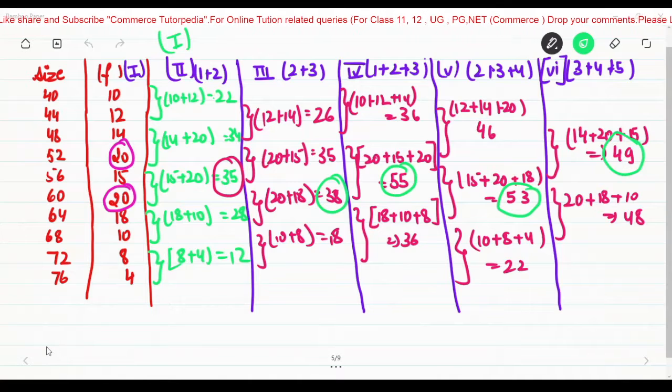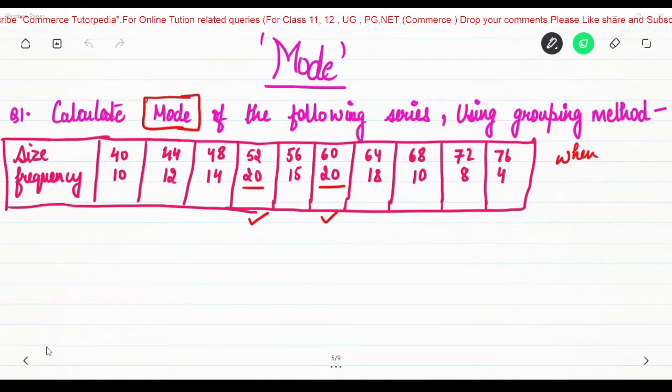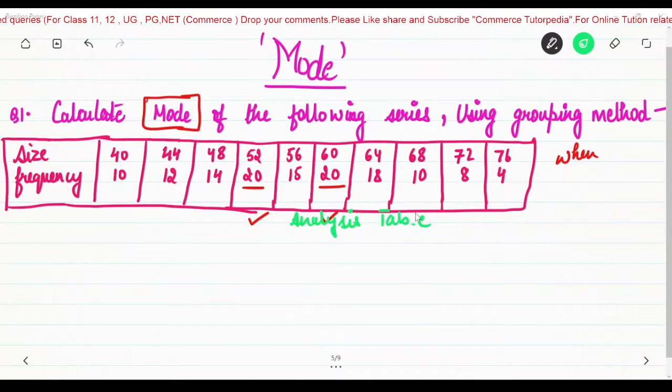Now we are going to make another table, known as the analysis table, so that it will be more clear to you. We will first write all the columns in tabular form.